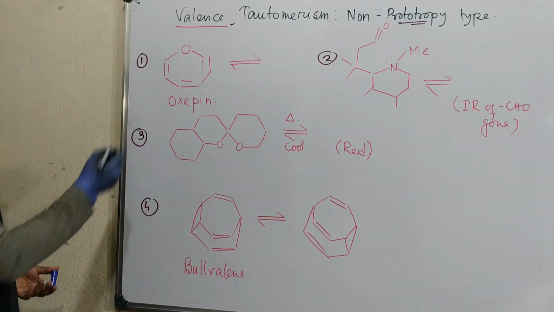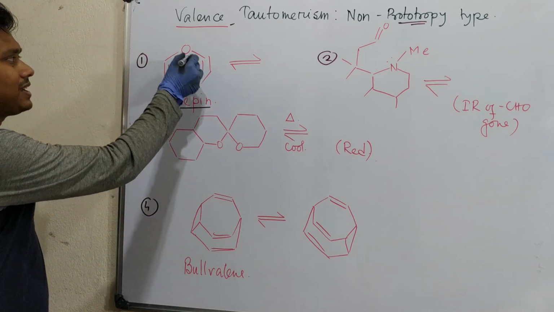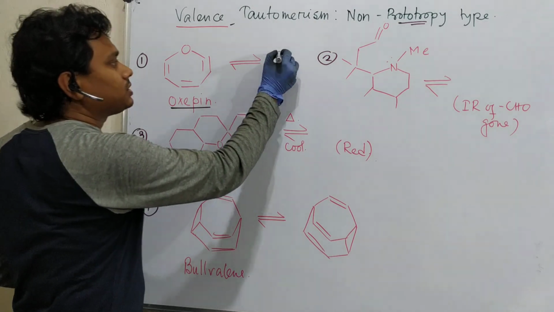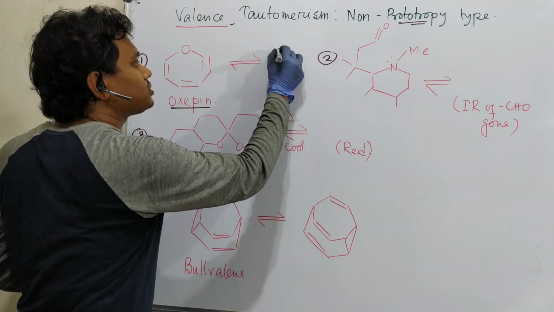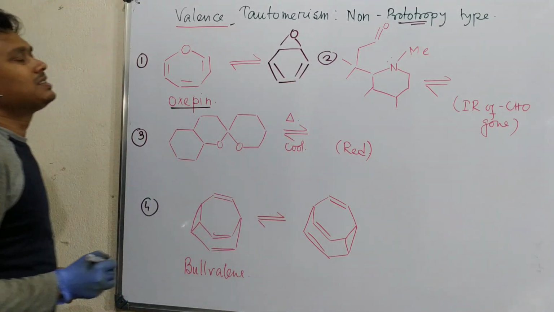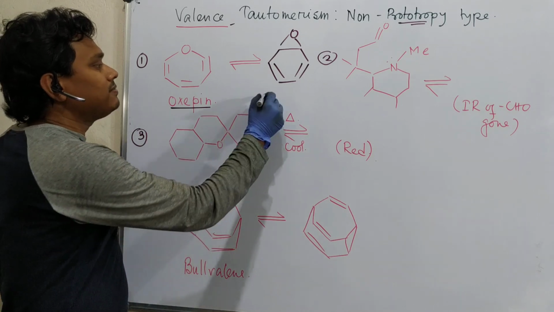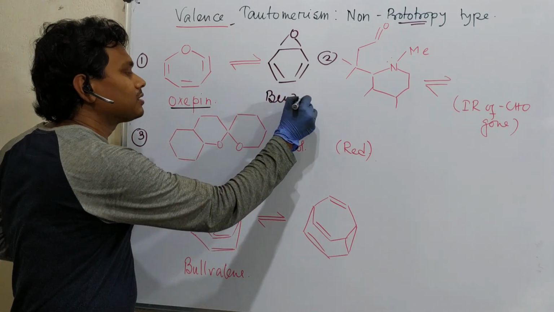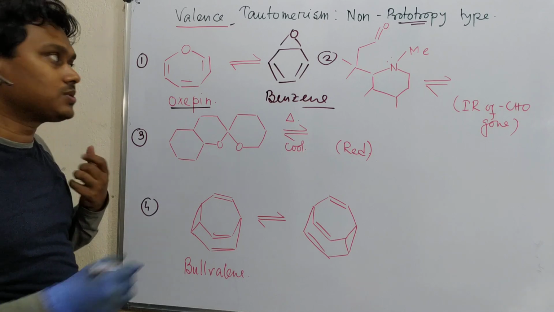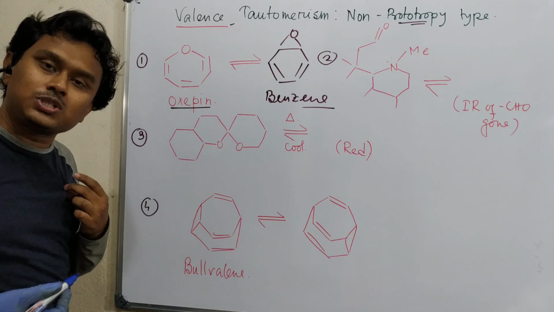Now look at this. This molecule is named oxepine. 7-member ring. You can say it's a triene attached to oxygen. So this could be in tautomerism with another structure, that is this. See how it can break. Can you predict? So this is actually benzene oxide. This is one of the reasons why benzene is carcinogenic also, that it undergoes epoxidation in our liver with some specific enzymes.